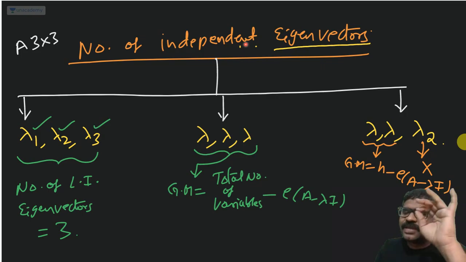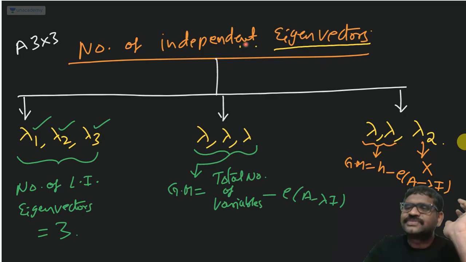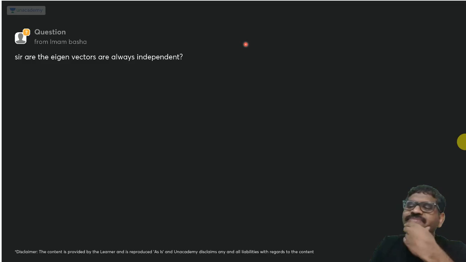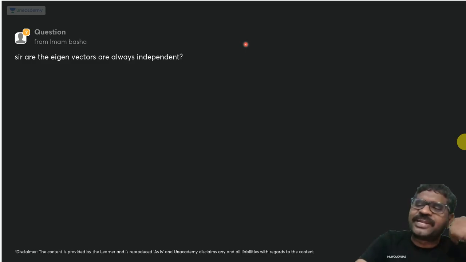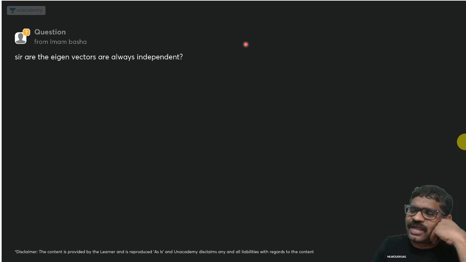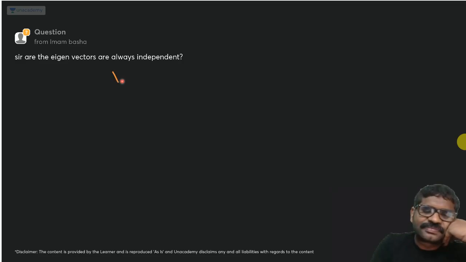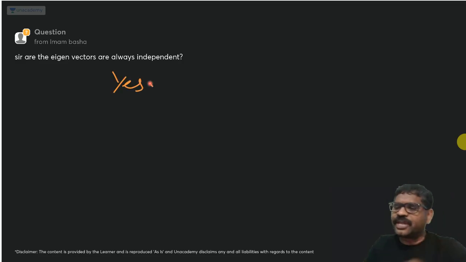Any queries, you can ask. One student has posted a question: Sir, are the eigenvectors always independent? The eigenvectors are always independent. That's why they are called independent eigenvectors.